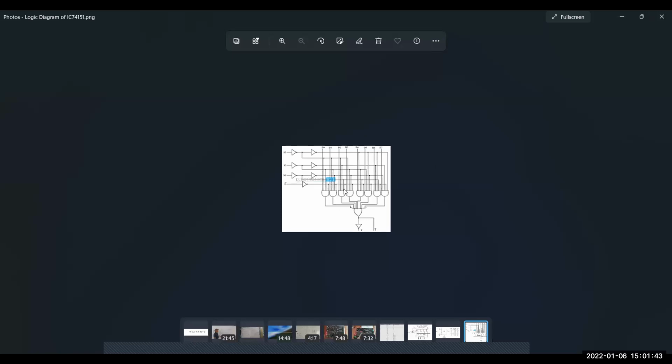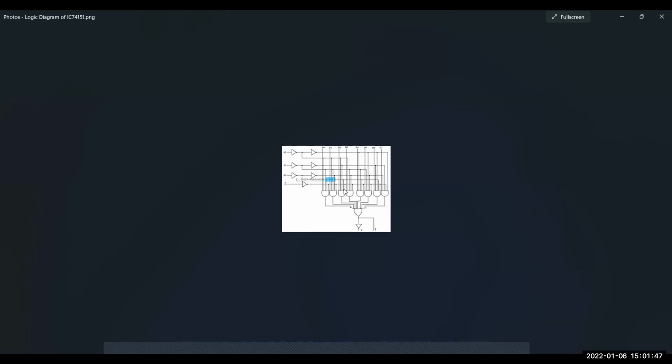So actually enable is an input, and this is only in the case of the 8:1 mux. It provides both the normal and inverted outputs.